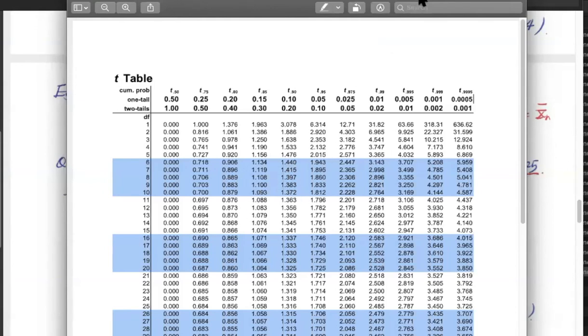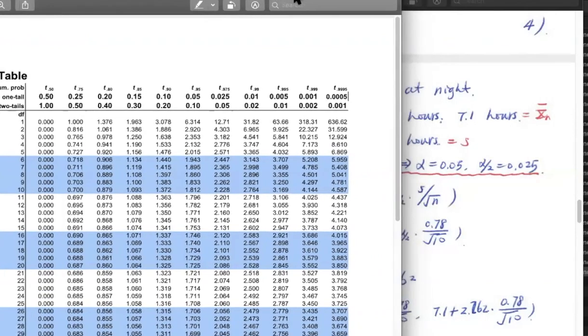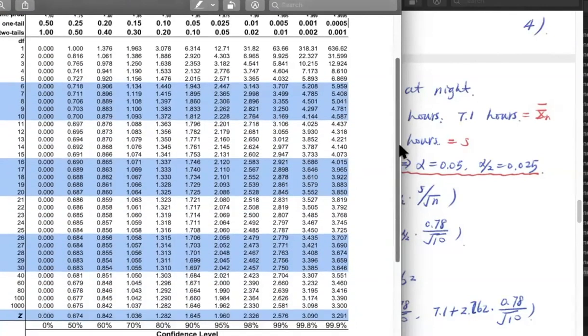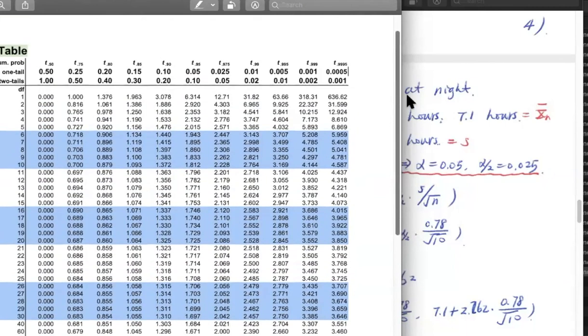Okay, so how do we use this T table, everybody? The T table is 1 page, everybody. That's easy, right? 1 page. What's happening here is this T table is what we call a simplified T table. That's good enough for our homework, our exams.